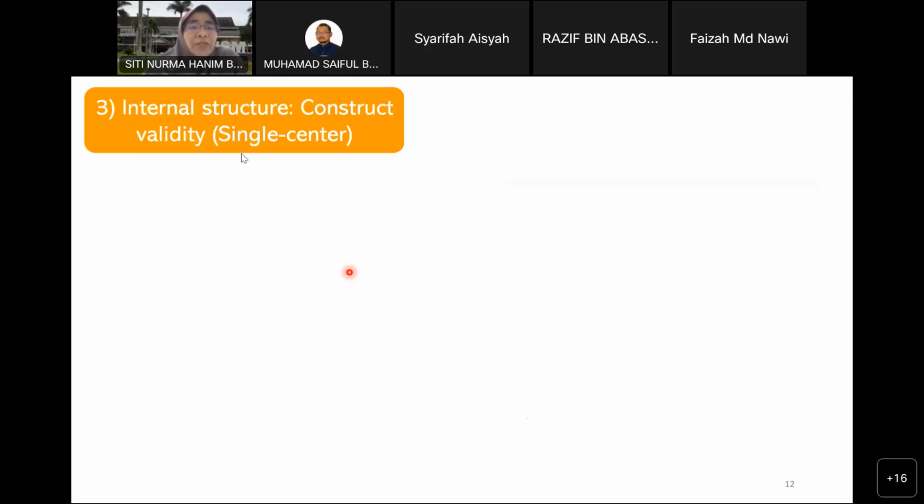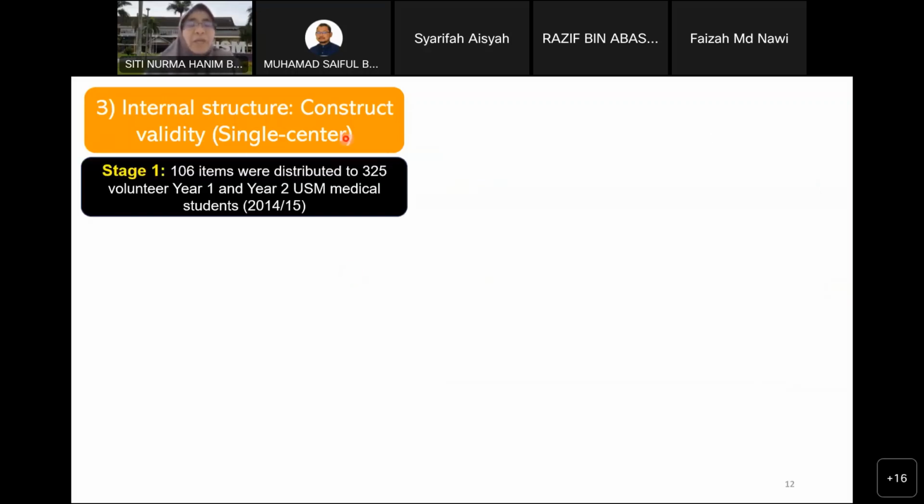In phase 3, the internal structure or the construct validity study is also subdivided into 2 stages. In the first, we distributed all 106 items to 322 volunteer year 1 and year 2 USM medical students, academic session 2014 and 15.